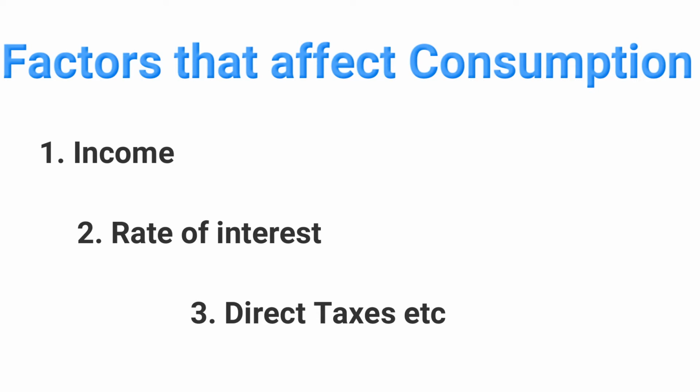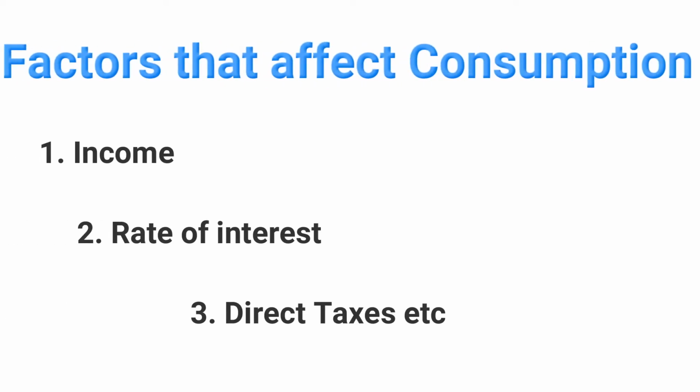And consumption depends upon multiple factors which include income of the individual, rate of interest, as well as direct taxes. For example, if the income of a consumer increases, he would be in a position to purchase a greater quantity of goods and services, so his consumption will rise, and vice versa is true for a fall in income. If income falls, the consumer will be able to purchase a lesser quantity of goods and services, so consumption will fall.